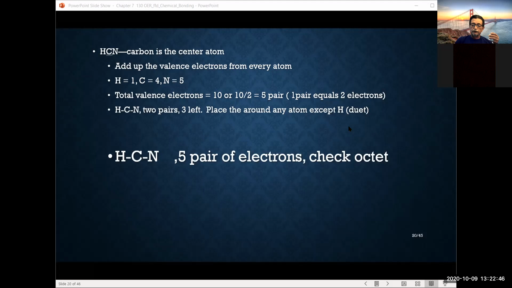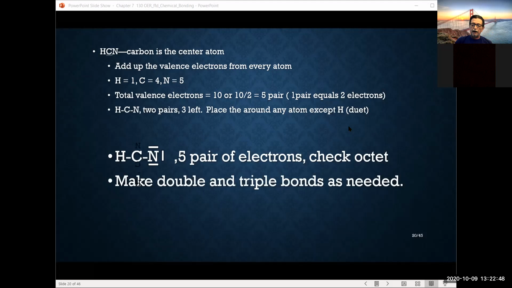I draw them around the nitrogen, where those 3 lines represent the 3 pairs. I double check to make sure I still have 5 pairs to work with, because sometimes when I start drawing, you might inadvertently lose one, or inadvertently add another pair by mistake. I do in fact have 5 lines that represent 5 pairs of electrons, or 10 valence electrons.